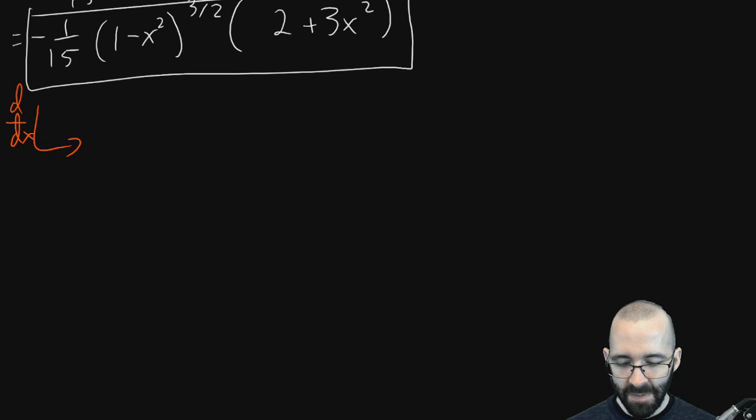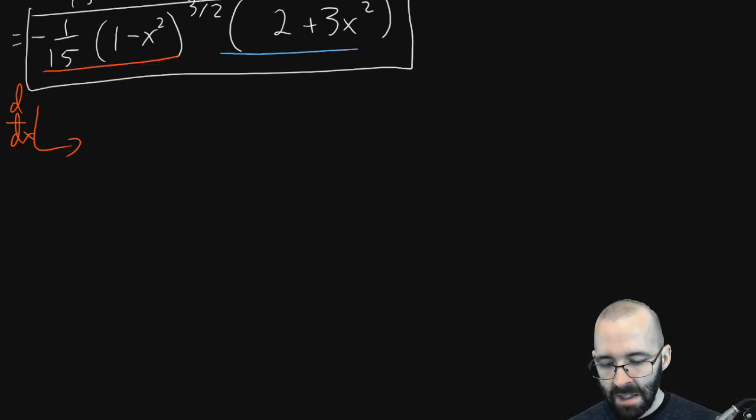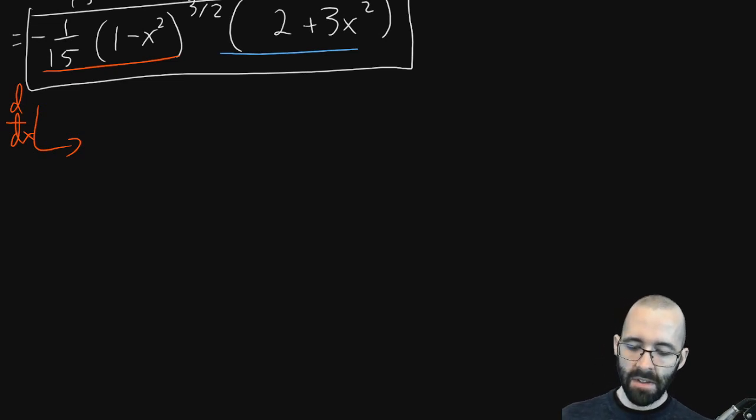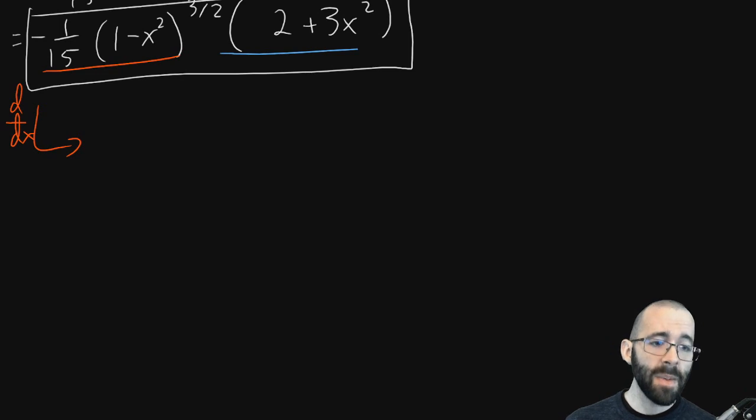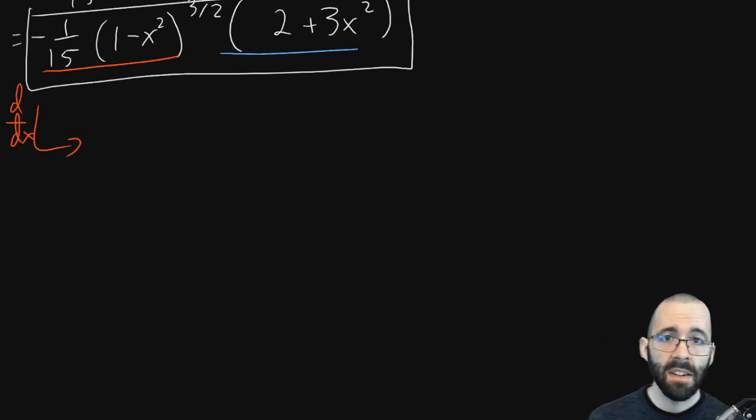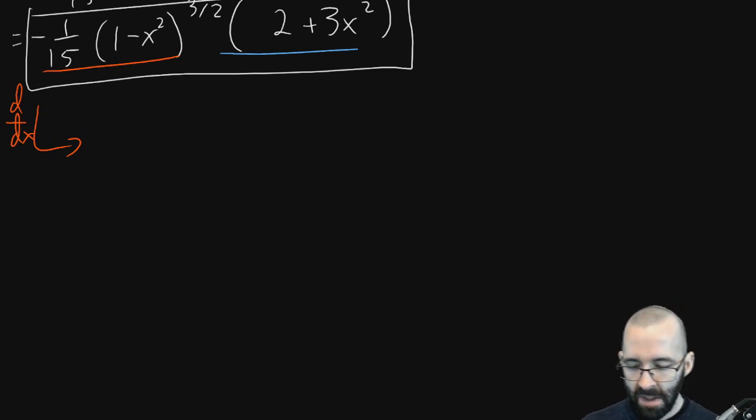This is good practice. Say this is first, this is second. And the reason why I'm not going back and checking it the easier way is I want to check my final answer. I want to make sure my final answer is correct. So that's what I'm checking here.